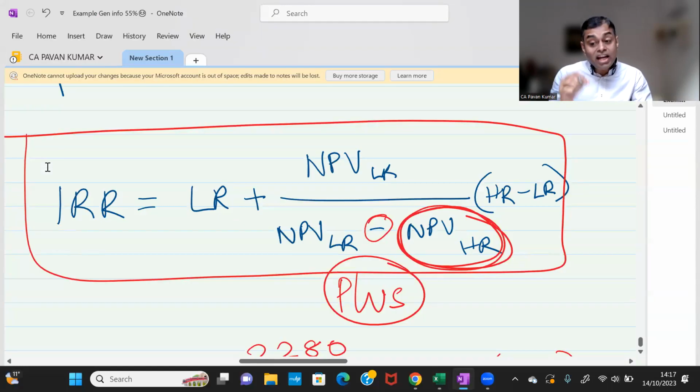EOQ is equal to, and then you gave a note: A refers to annual consumption. In the problem, sometimes you will be given monthly consumption. Don't forget to convert monthly consumption into annual consumption by multiplying with 12. And calculate EOQ. This is the question, 5 marks.